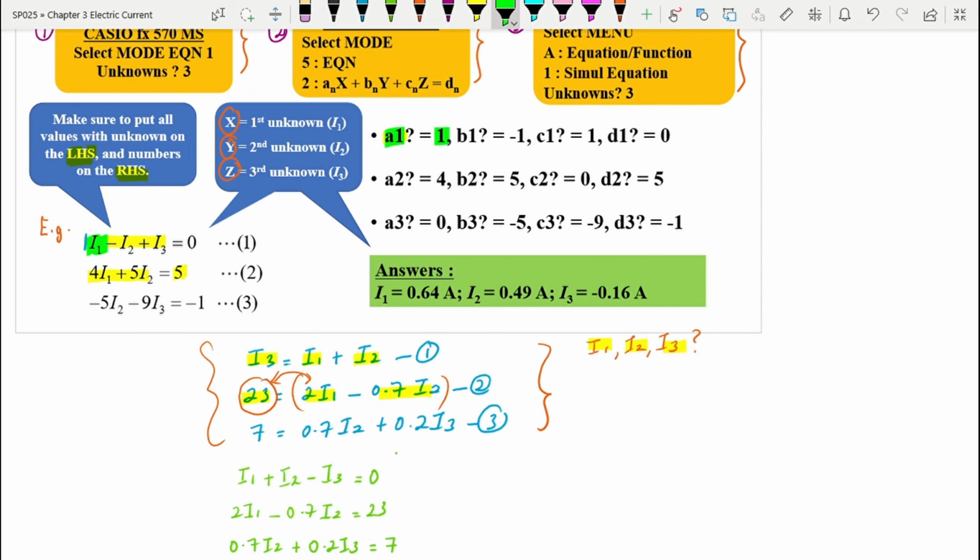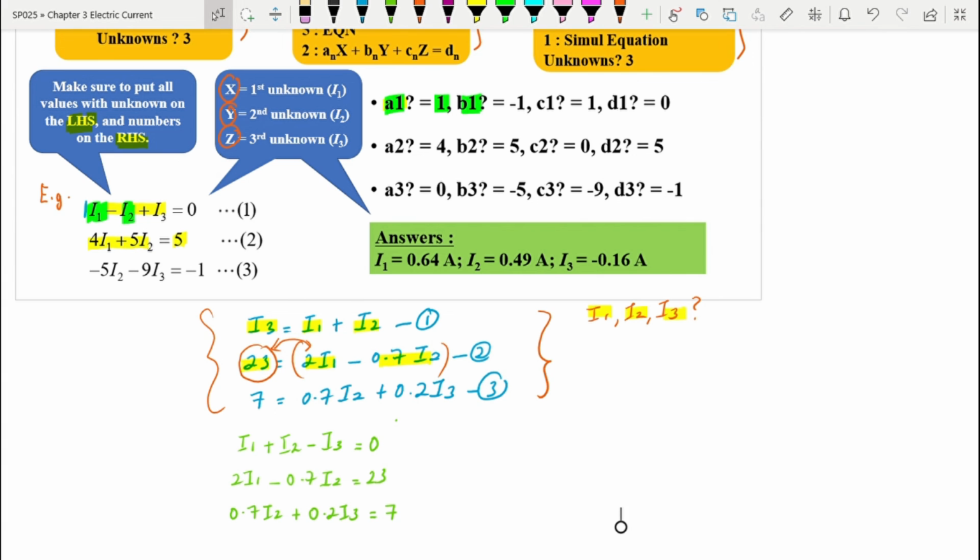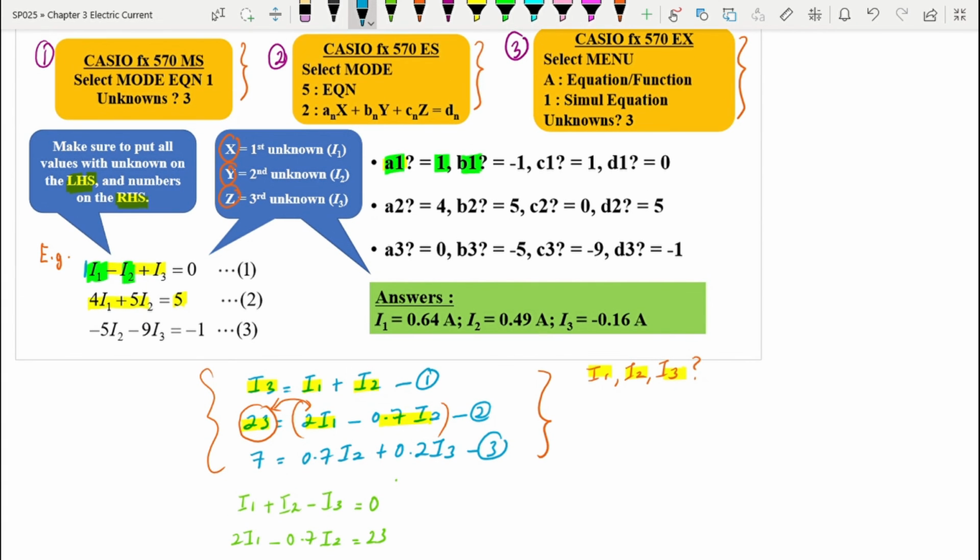Kemudian B1 merujuk kepada second unknown iaitu Y. Okey. So B1 adalah I2 second unknown dan kita punya koefisien bagi B1 adalah negatif 1. So kita assume ada 1 dekat sini. So dia jadi negatif 1. So negatif 1.